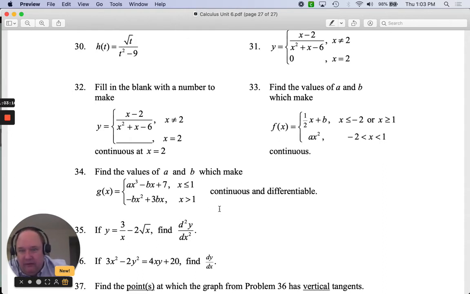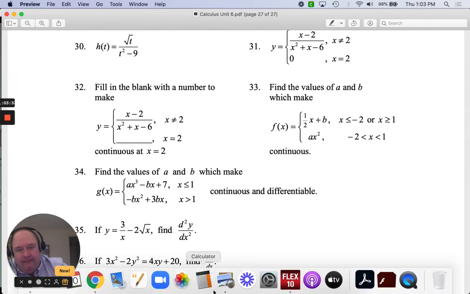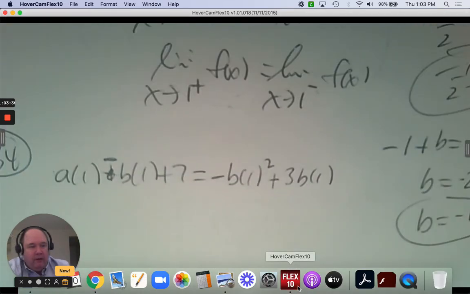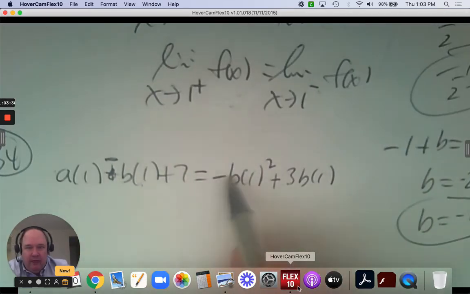Plug 1 into the top. Oops, that's a subtract sign. Make it equal and plug 1 into the bottom. So I plug 1 into the top, 1 into the bottom, make it equal to each other.